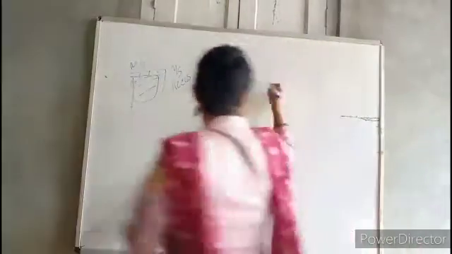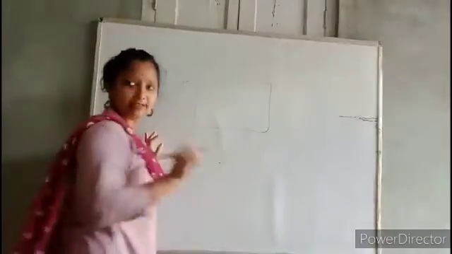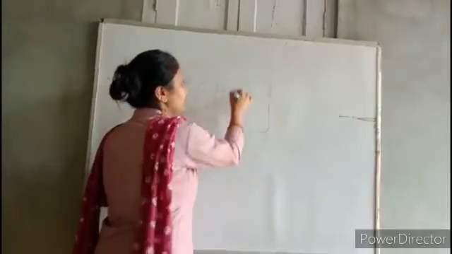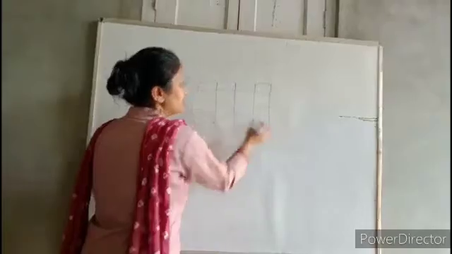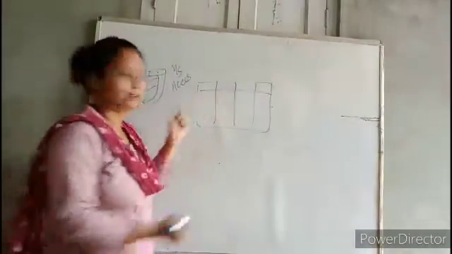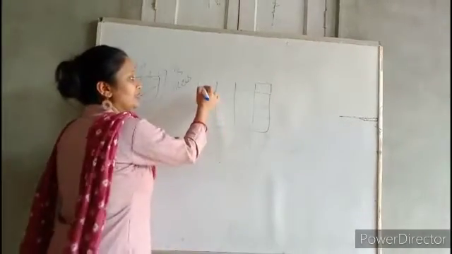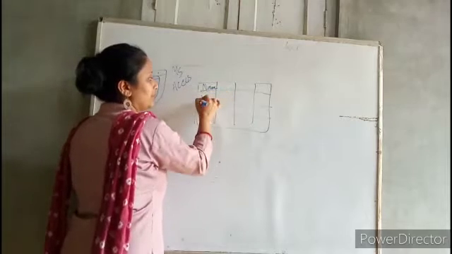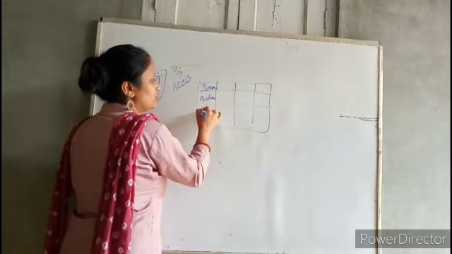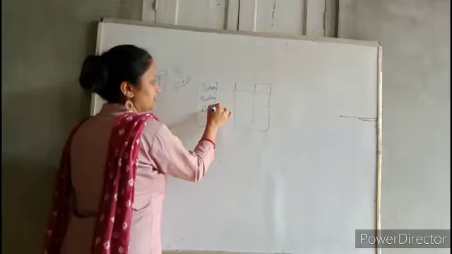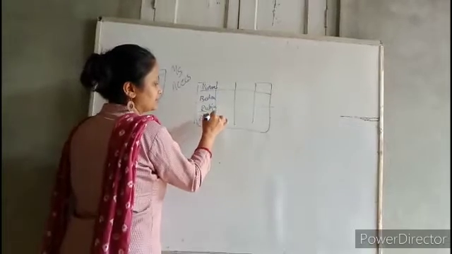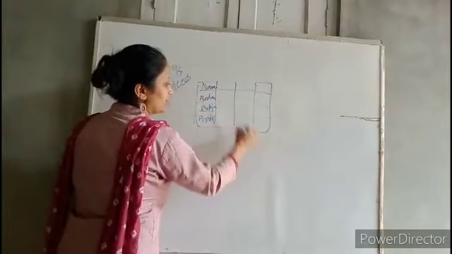Suppose this is the table you are getting in MS Access. In the table, the things you are writing here. Suppose you are writing here name: Vedanta, Rupjyoti, then Anik, and again one you are writing Rajasi.